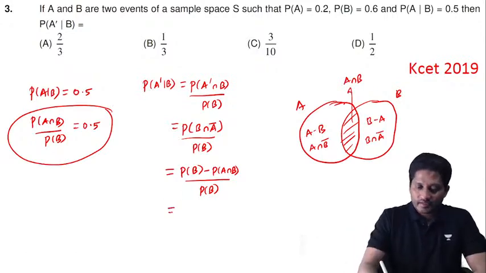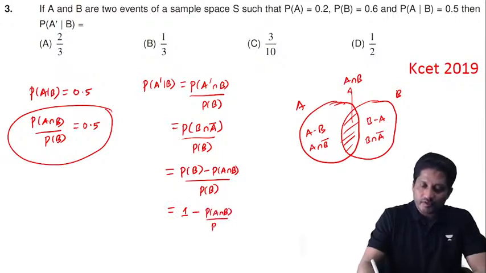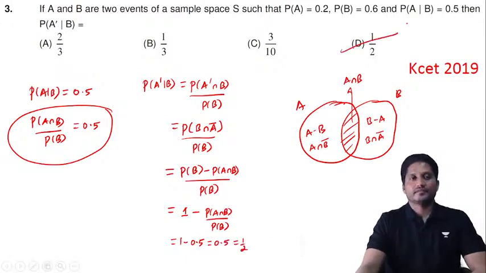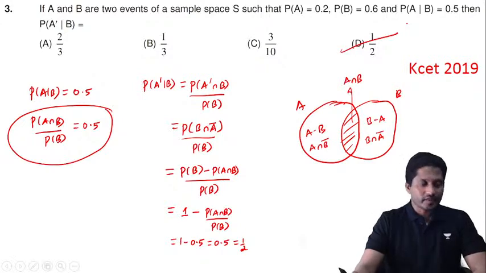Now if I divide, this will be equal to 1 minus P of A intersection B divided by P of B. This will be equal to 1 minus 0.5, which is equal to 0.5, and that's equal to half. Answer is option D. Alright, let's move to the next question, guys.